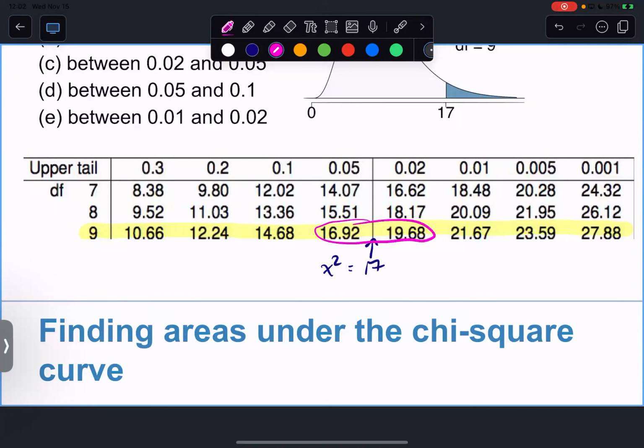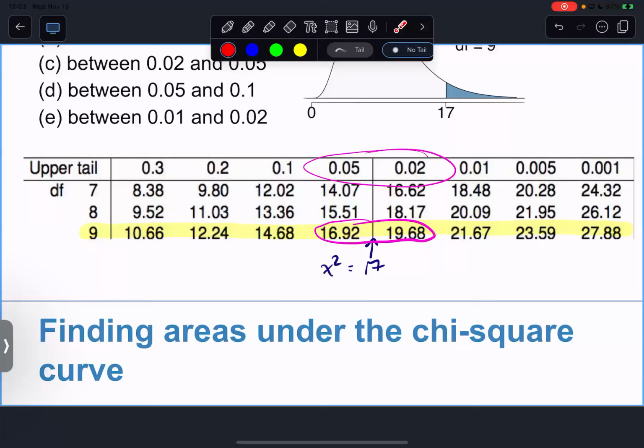So we're between these two values, which means the area in the tail is somewhere between these two values. Now I'm being really careful to not read them from left to right. Why? Because as I move out into the tail, the area in the tail gets smaller and smaller. So I have to read these from right to left.